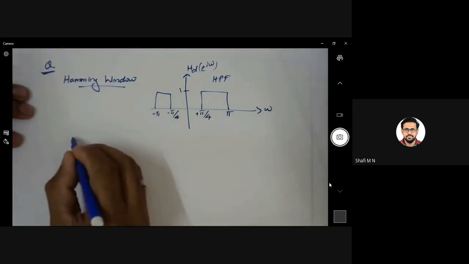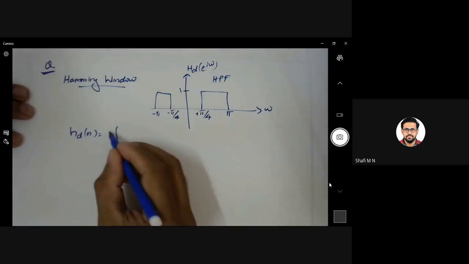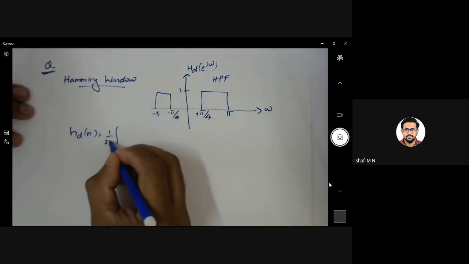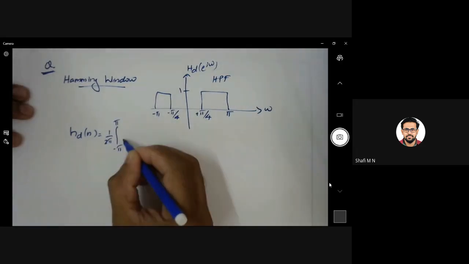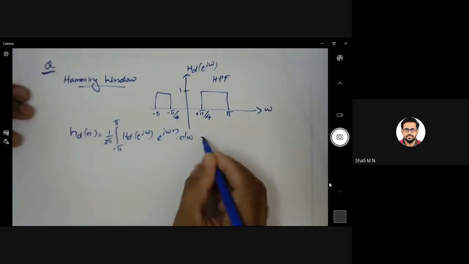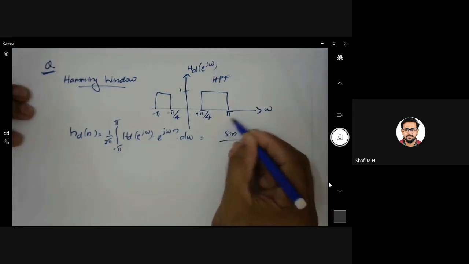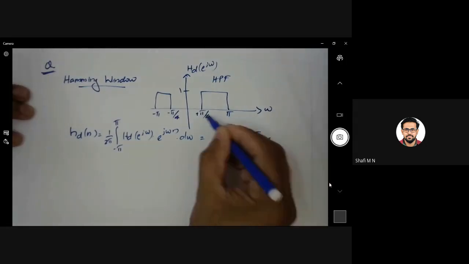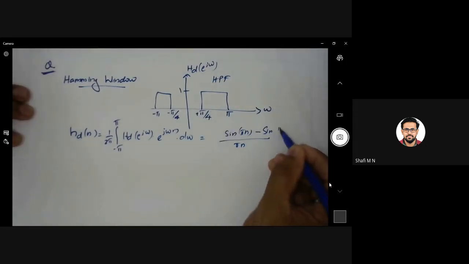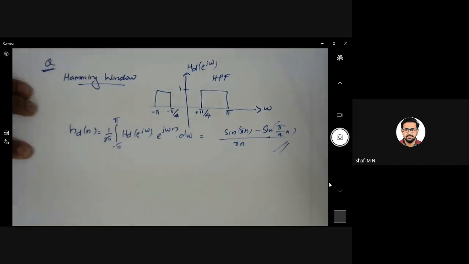So what was h of n? Yesterday we wrote those equations. We'll recollect it again: 1 by 2 pi integral minus pi to pi HD of e power j omega into e raised to j omega n d omega. You can use the shortcut method. Denominator is pi n. Here you will have sine pi n minus sine pi n by 4. That was the first step, right?